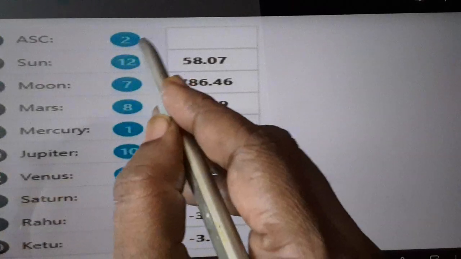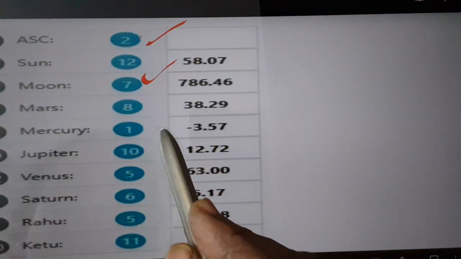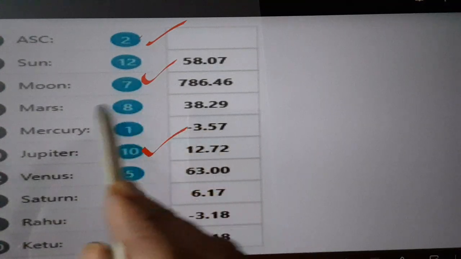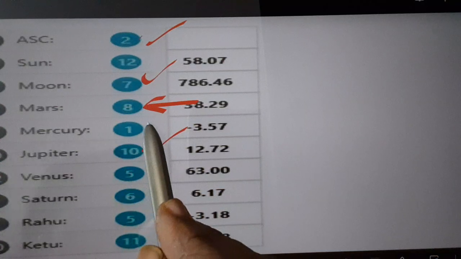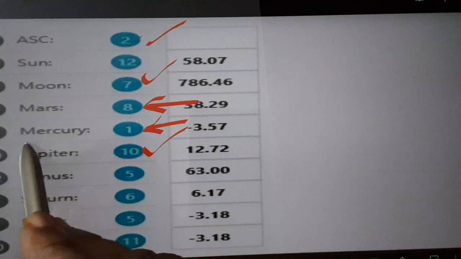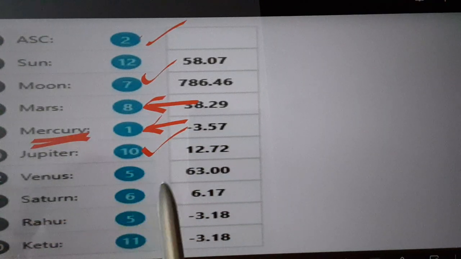Now the ascendant's Navansh is good, the Moon's Navansh is good, and what else? Jupiter's Navansh is good. Now 8 is not good. It is obstacles and problems, and 1 is self-destruction. That is, the intellect and the mind is used not for progress but for backward integration.